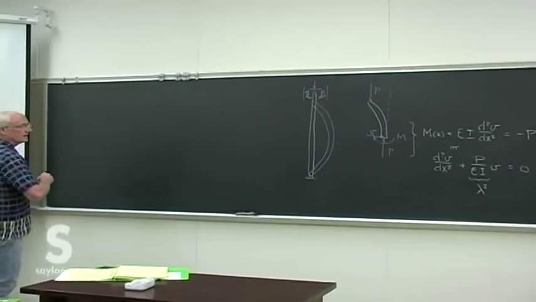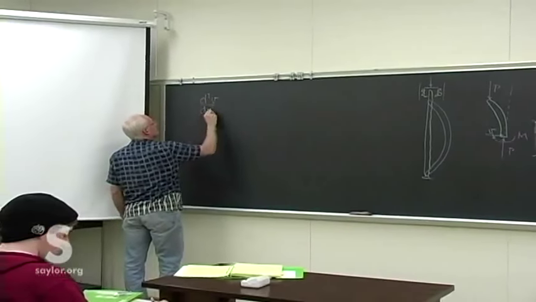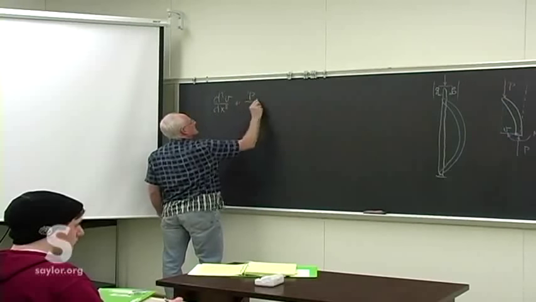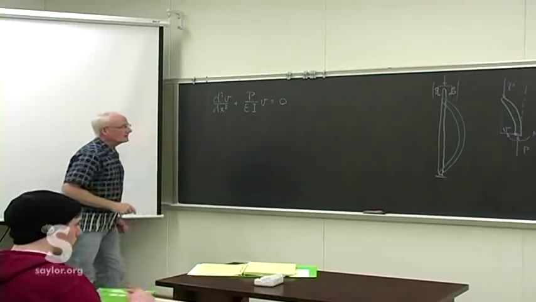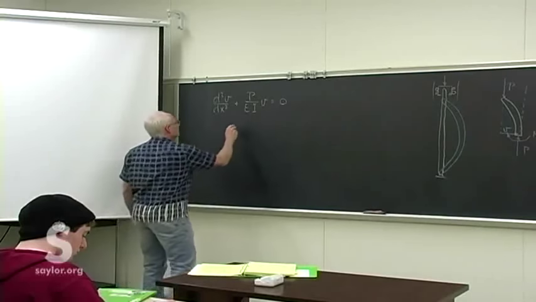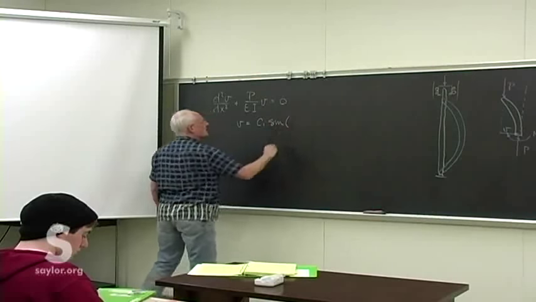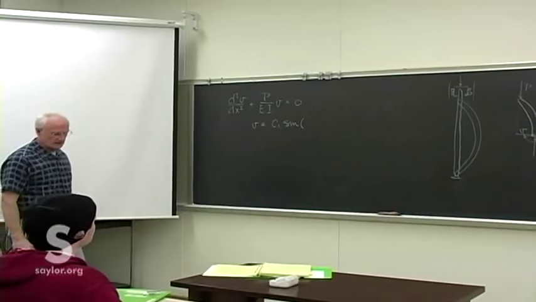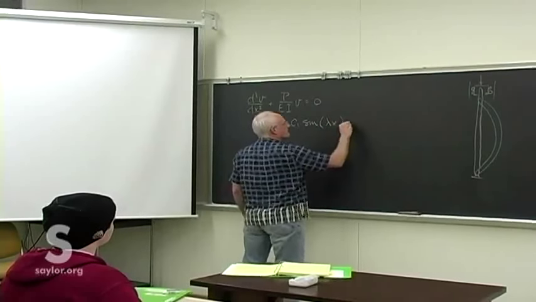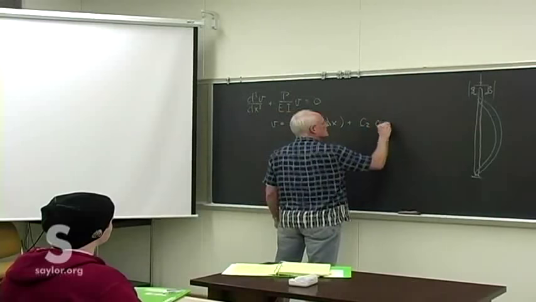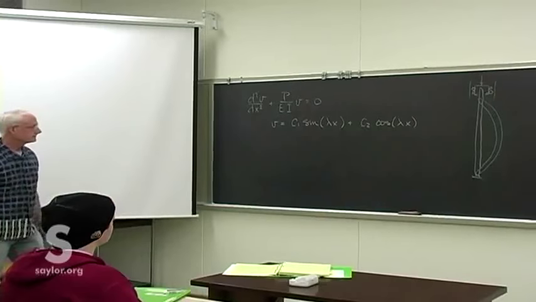So we've got that then as our linear second order differential equation with solutions of something like C1 sine lambda x plus C2 cosine lambda x as a solution.